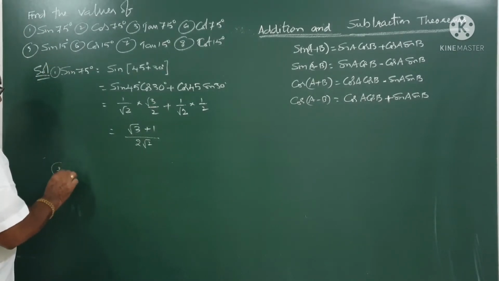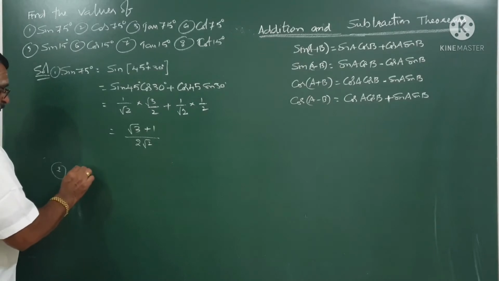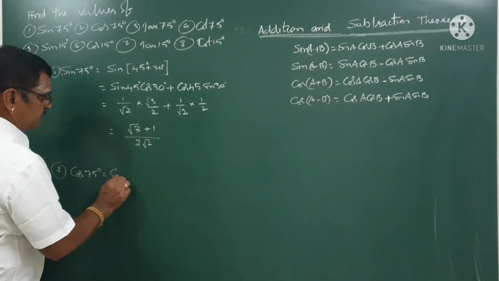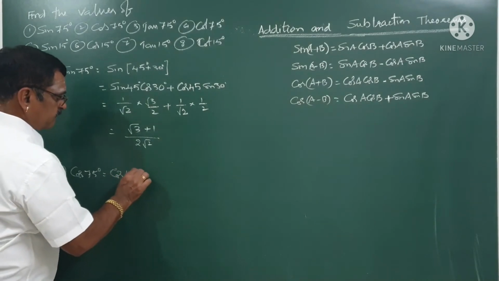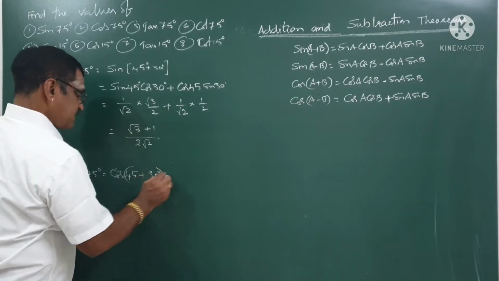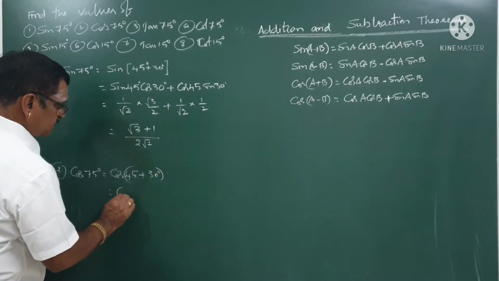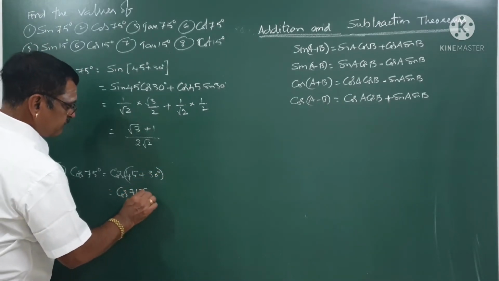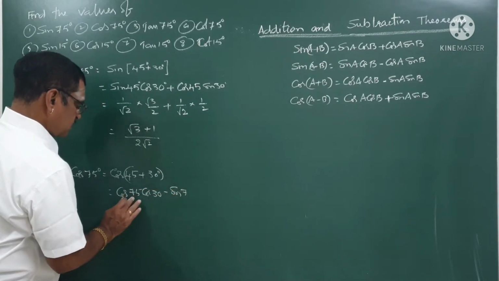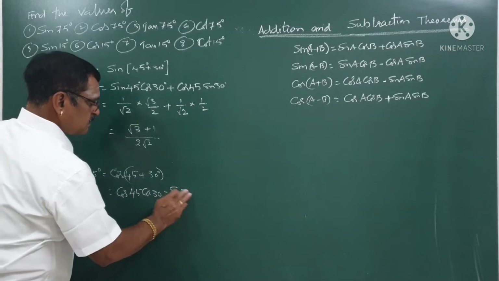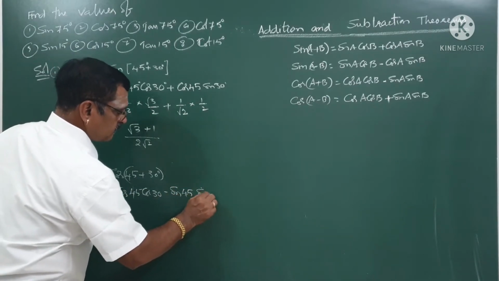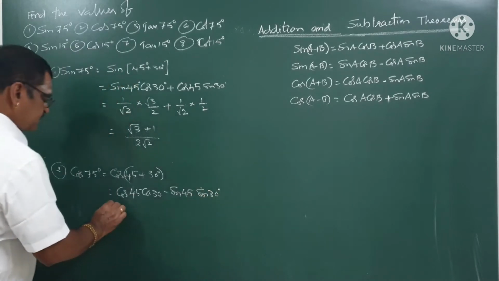Now similarly, next one I will go for immediately cos 75. And as usual, cos 75 I am writing as cos of 45 plus 30. Same formula I am going to write here: cos 75 is cos 45 cos 30 minus sin 45 sin 30, and substitute values.